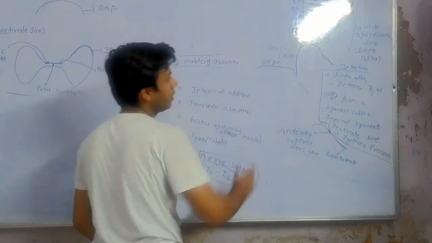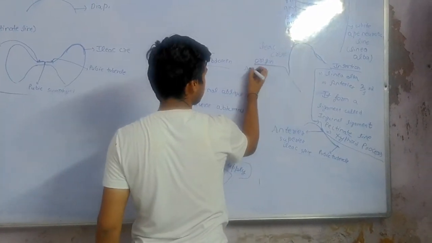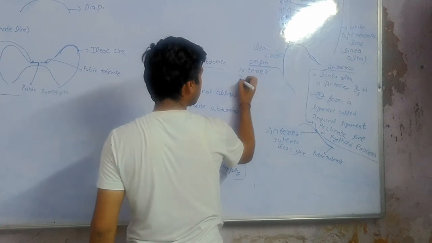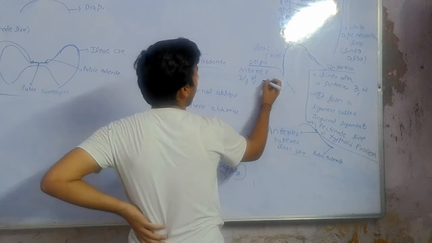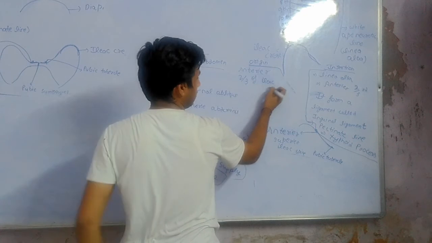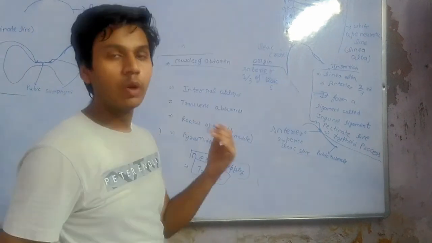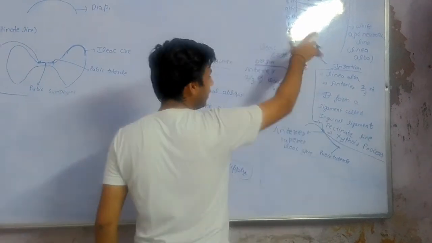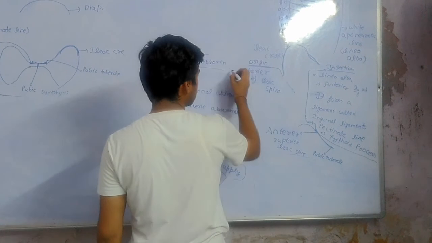The origin is from the anterior 2/3 of the iliac spine. The posterior 1/3 also gives origin to latissimus dorsi, and anteriorly external oblique. The anterior 2/3 of the iliac spine is the first origin.